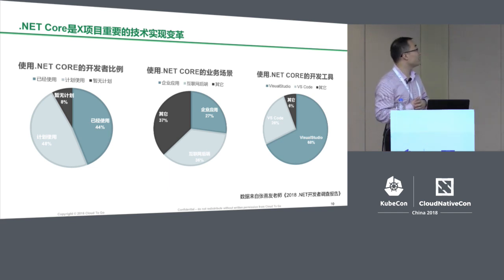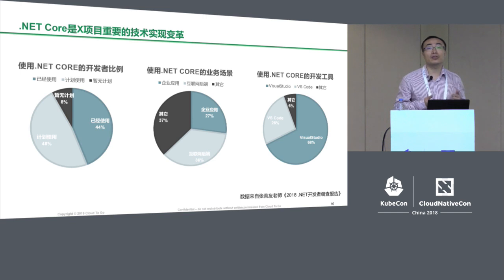This statistic is made by Zhang Shanyou. A huge portion of developers nowadays are using .NET Core, around 44%. The enterprises using it are the back end of Internet enterprises.